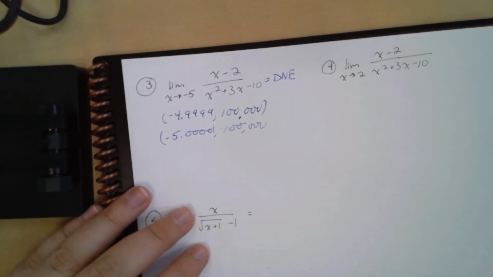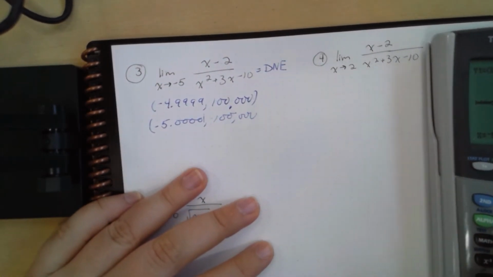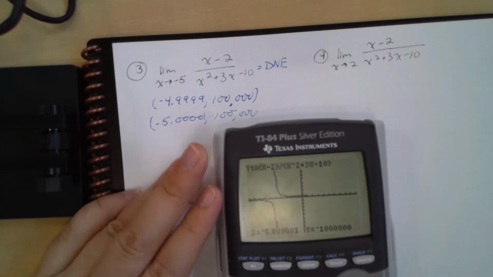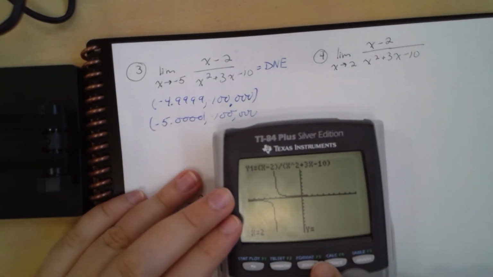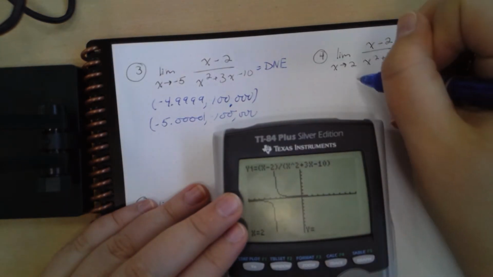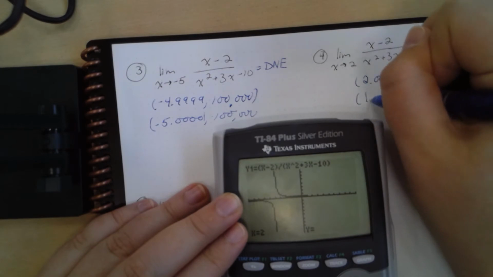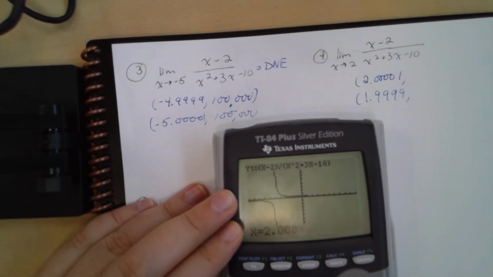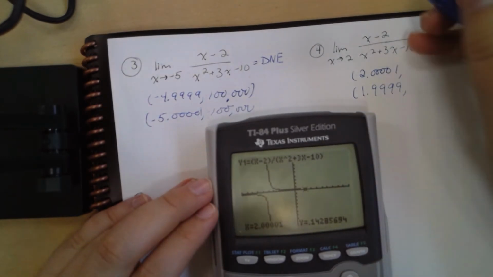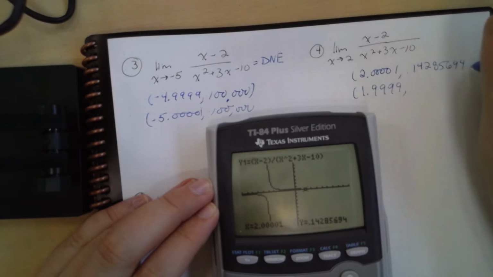Let's look at number 4. This is actually the exact same function, but we're now trying to find the limit as x goes to 2. So if I trace here at 2, I have nothing. It turns out I actually have a hole at 2. So now we're going to trace again 2.00001 and 1.9999999. So I get 0.1428564.